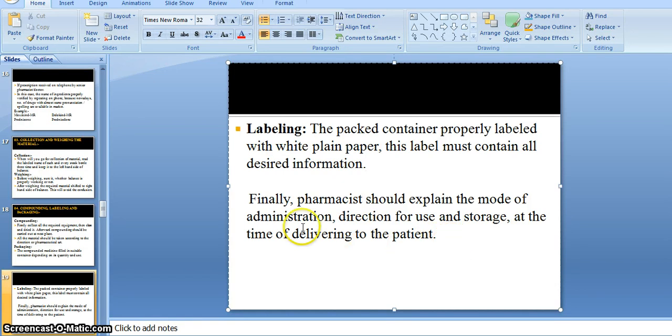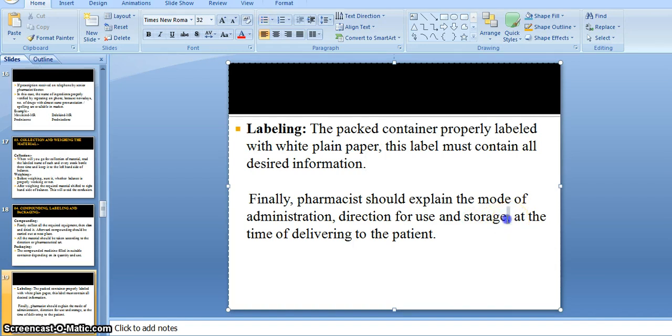During delivery, the pharmacist should explain the mode of administration, means how to administer that particular dosage form, then direction for use, that is the frequency of that medicine, and storage condition, means where that dosage form should be placed, in a cool place or at which temperature.